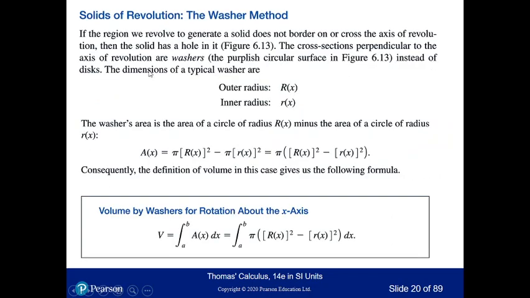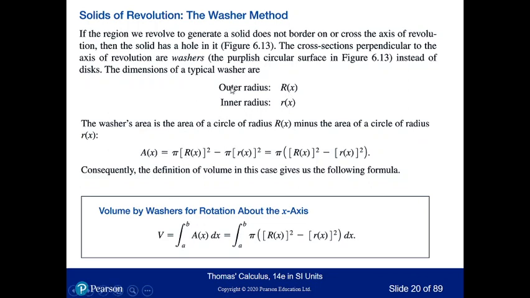Okay. So then, how would you do it? The volume is the integral from a to b of A(x) dx, then it's going to be equal to the integral from a to b of pi capital R(x) squared, which is the volume of the whole solid with no hole inside, and then pi r squared is the volume of the inside solid. So you are subtracting the volumes of solids from each other to find the solid that we created.